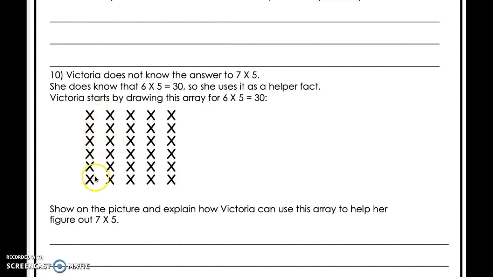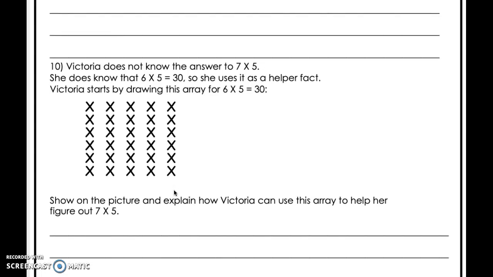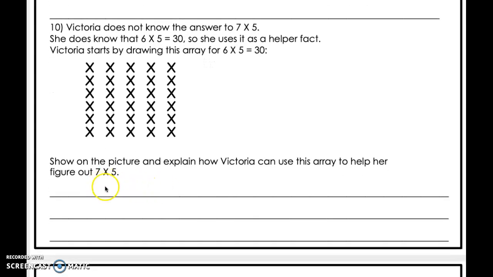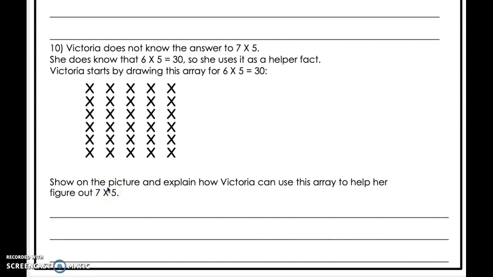Well, here's 6 times 5, so what she could do, you could draw a circle to show the difference, or just add another set of X's, X, X, X, X, X, another row, so that would be 7 times 5, and then you just add that in, so that would be 5 more. So 7 times 5 is 35.